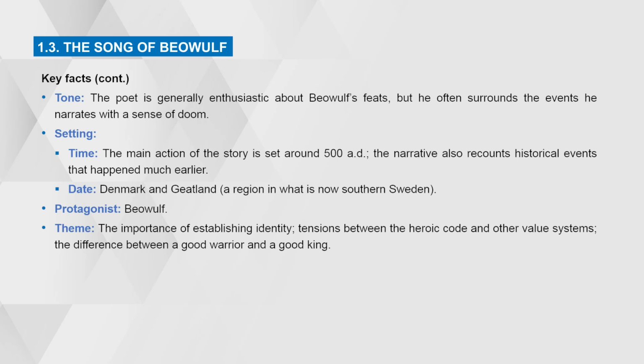It was the time that Denmark and Jutland... origin in what is now southern Sweden. Okay, and the main character of this story is, of course, Beowulf. What about the theme? The importance of establishing identity and tensions between the heroic code and other value systems, the difference between a good warrior and a good king.